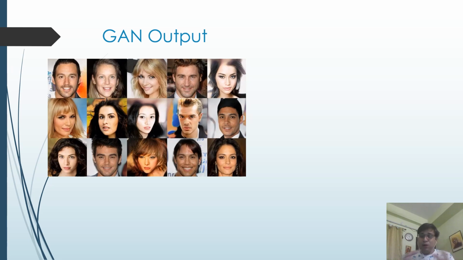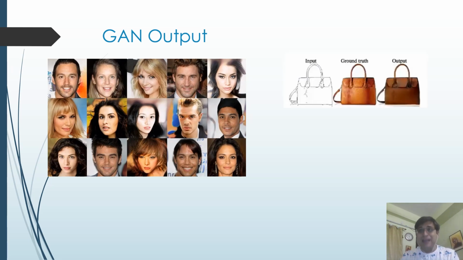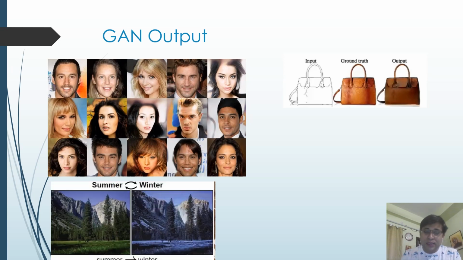There is another group of work which is called style transfer. You can see that it is a sketch, and from that sketch you can come up with a very realistic photo of that particular artifact. Similarly, you can do a style transfer: you can take a landscape which is probably from summer and you can project how that landscape will change in winter.